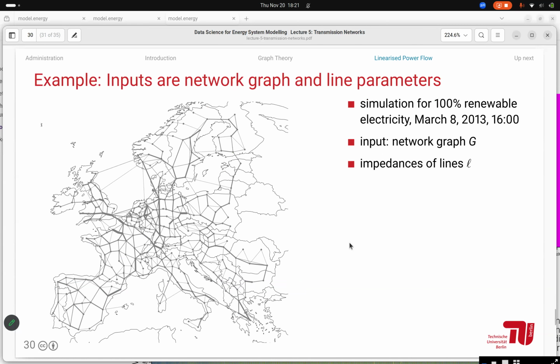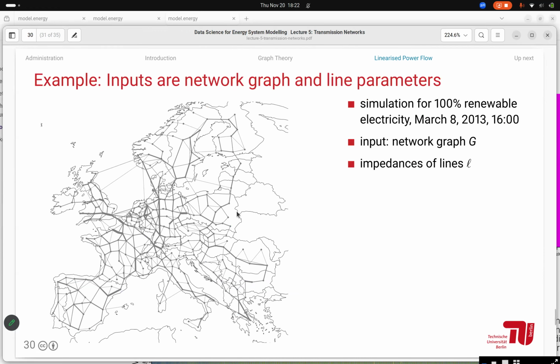So I brought one illustrative example here, where I took a slightly aggregated version of the European grid, for a 100% renewable electricity simulation for one particular hour. So we're just looking at 1 hour here.